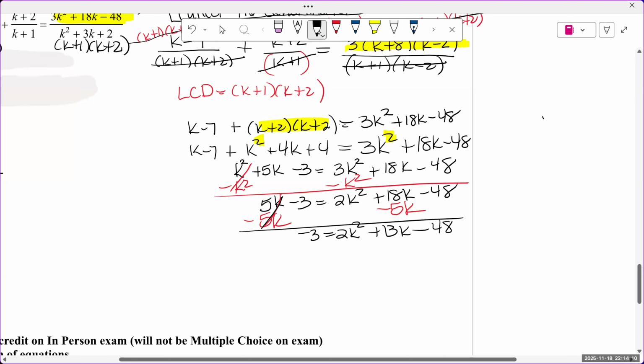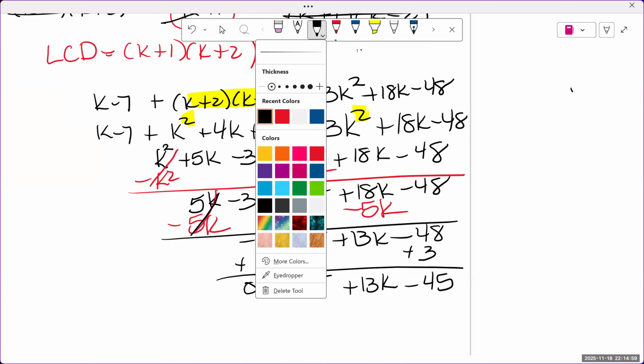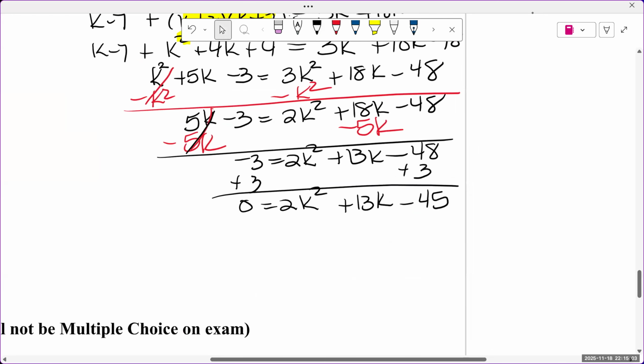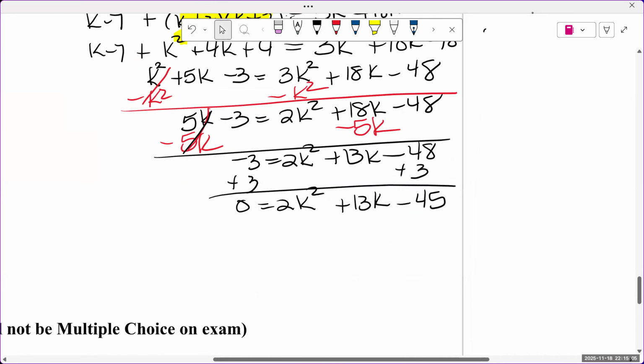And I'm trying to set it equal to 0. So add 3. Okay, you could use the quadratic formula or you could factor, split, and solve. Let's see if it'll factor.